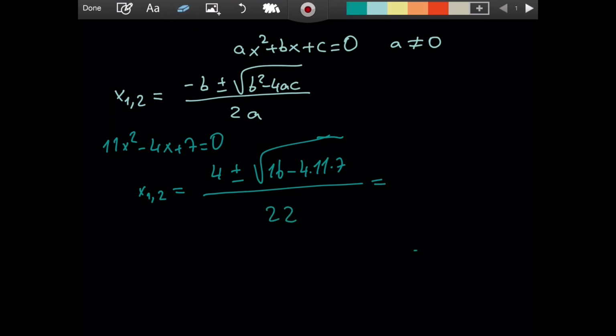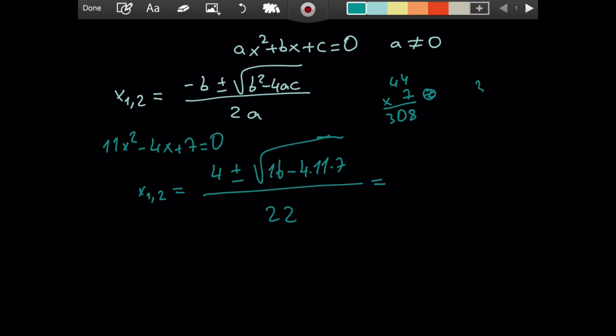And let's just calculate the inside of the square root. Let's find this factor. So it is 44 times 7, which will give us 308, I hope, if I did not make a calculation mistake. No, I'm kidding. It is 308.